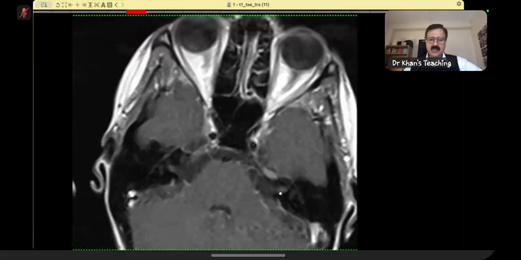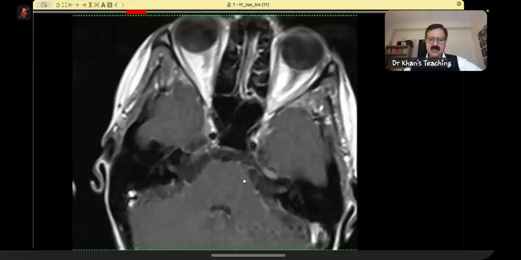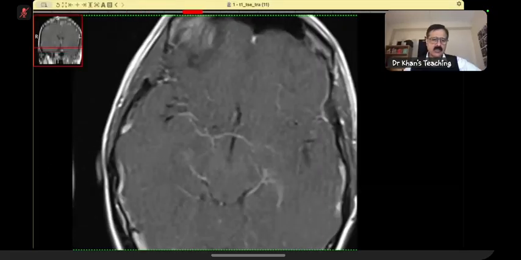This is the IAM, and this is the IAM. So this is a small schwannoma. Please remember, this is an exam case. It has come in the exam. They will show you a cyst sequence with as small a schwannoma as this. So develop your eyes on this.